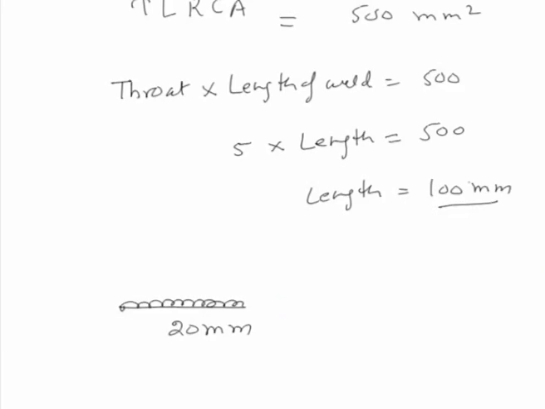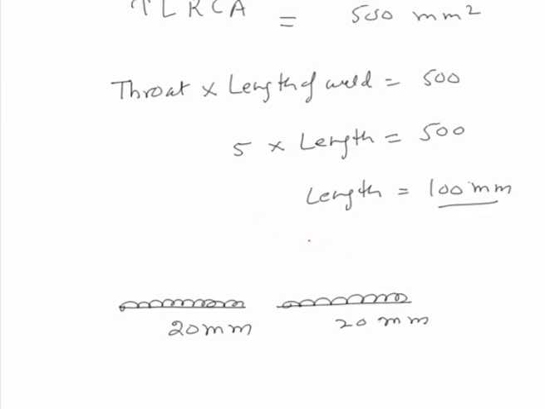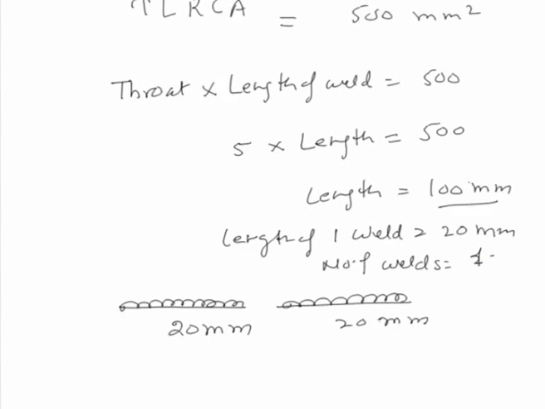Then, if the length identified is 100 mm and the length of one weld is 20 mm, the number of welds required is 100 divided by 20. So, we need to deposit 5 different welds.